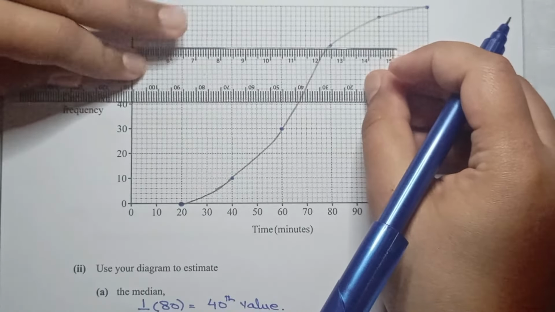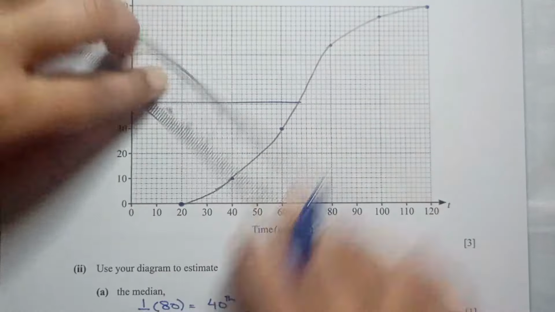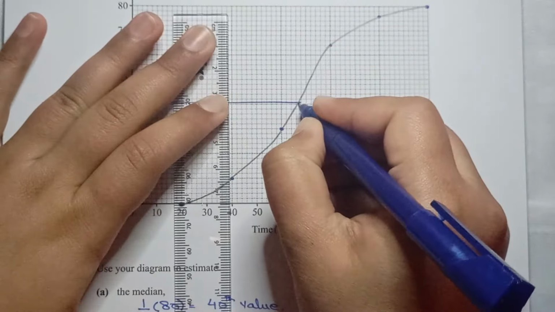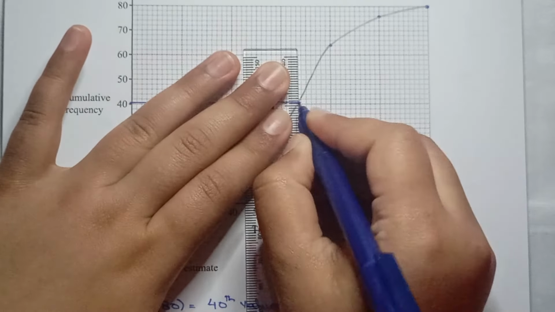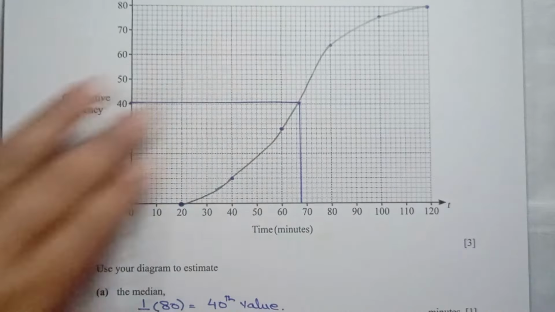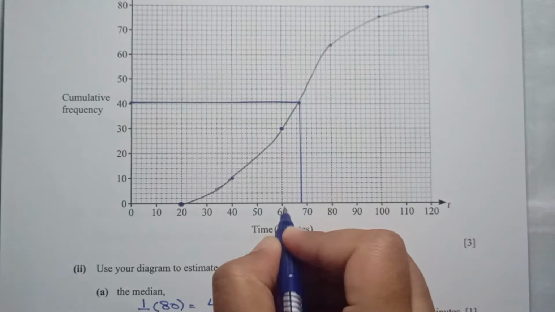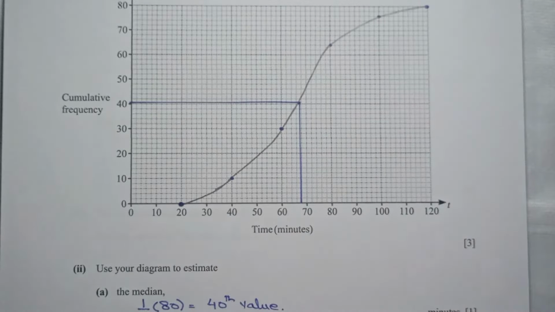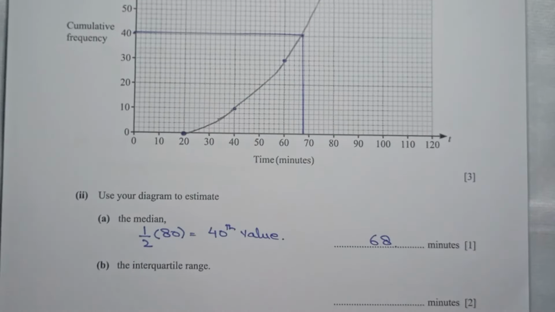So we have 40 over here. At what point does it cut? The 40th value in my case is 68. So the median is 68 minutes.